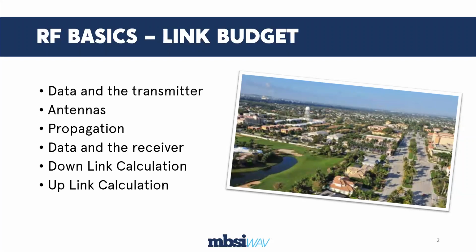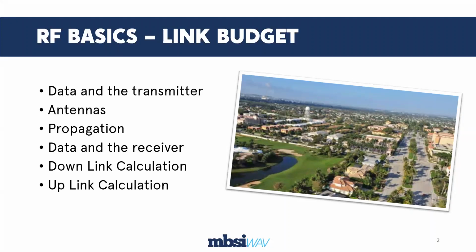Essentially, what we have in a broadband wireless system is data coming into an access point of some sort. The access point converts that Ethernet data into something that can be transmitted over the air, goes to an antenna, gets radiated out and propagated over a particular area.